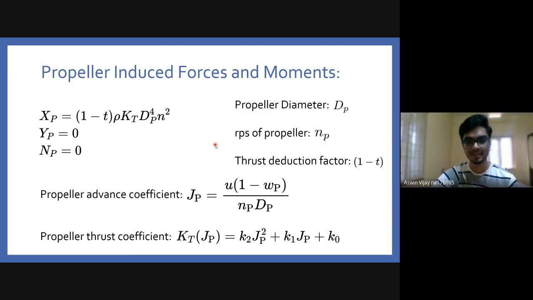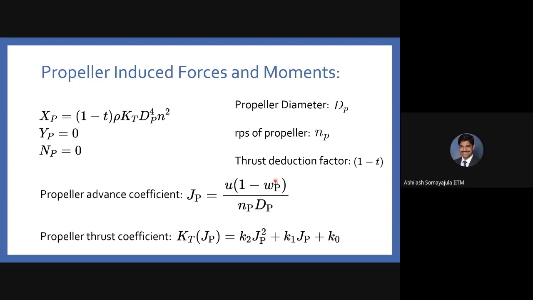Wake fraction is behind the propeller. So the wake behind the propeller will have a different velocity than the surrounding fluid, which is captured in the wake fraction, I guess.